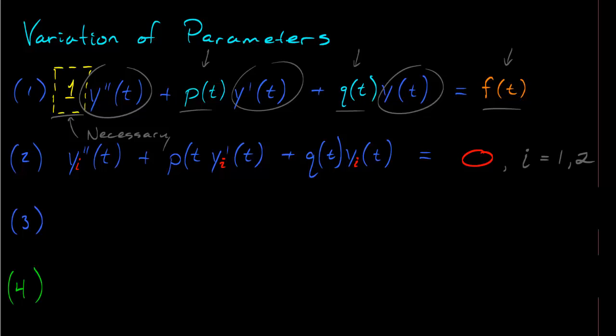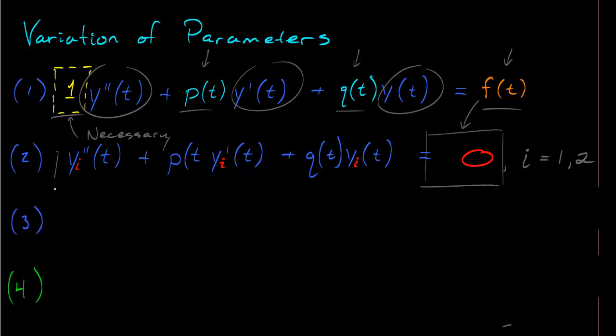Okay, the second ingredient we're going to need is a solution to the homogeneous part of the differential equation. Notice over here, I've changed my f of t, which was non-zero, to the 0 function.